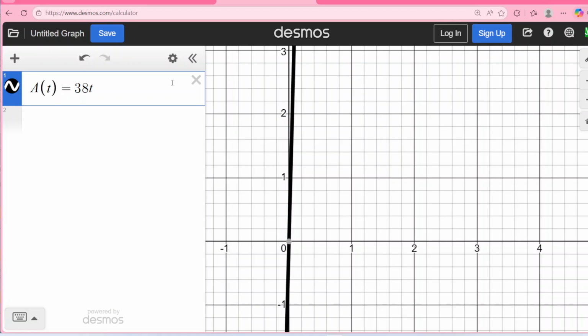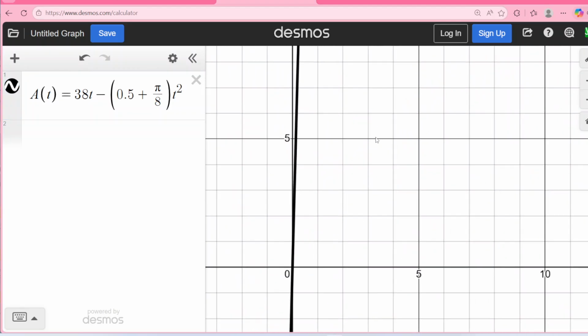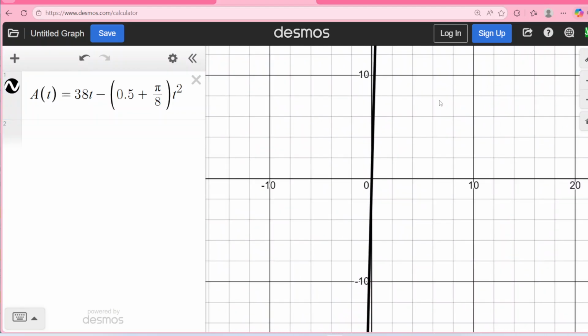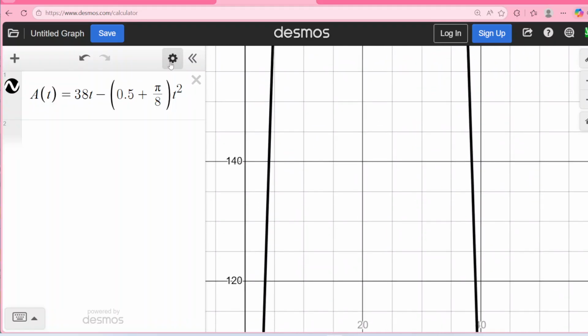So I have 38t minus, and then this 1/2 the quantity 1/2 plus pi over 8 times t, and again t instead of y, t squared. And if you look for the top of the hill on this thing, all right, it's way up here. I'll change the color up too.